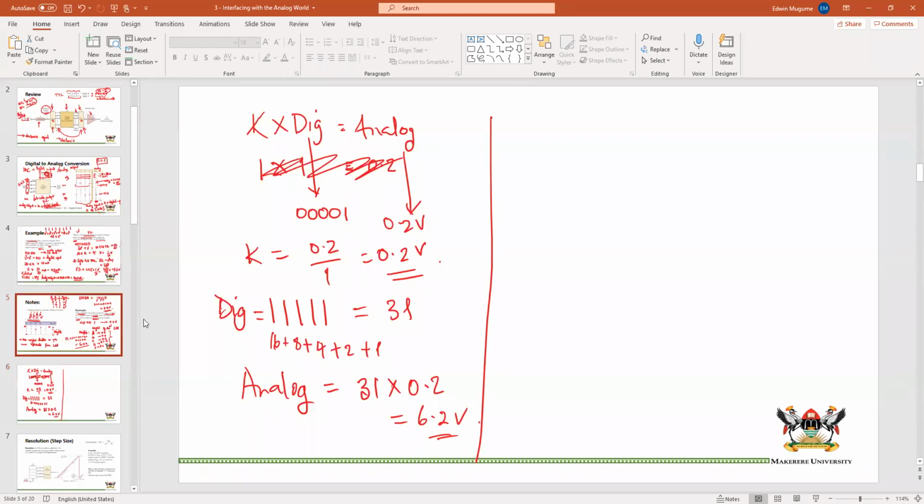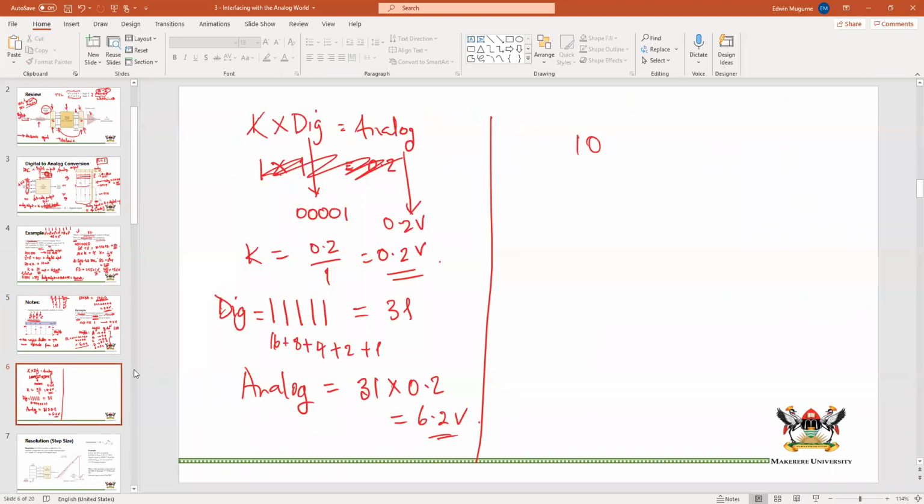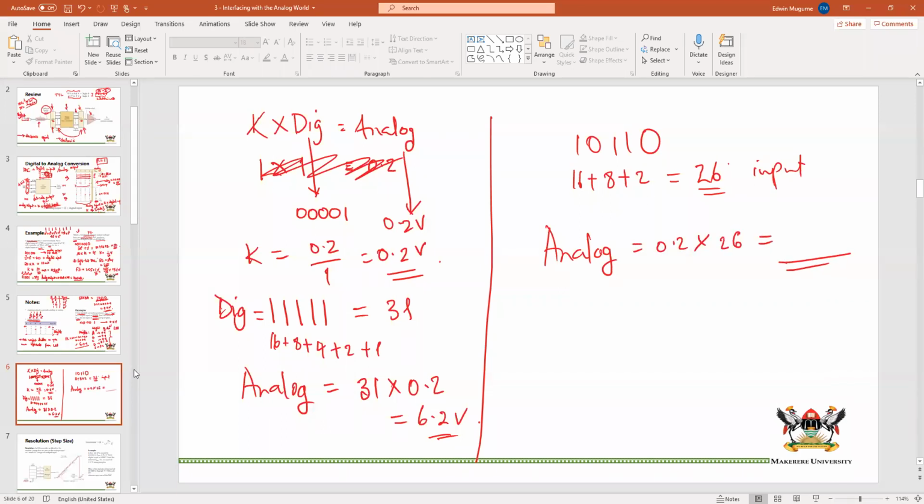And the other case that we have done, which is 10110, is 16 plus 8 plus 2, which is 26 input. Meaning that my analog output is now 0.2 times 26. What do I get?